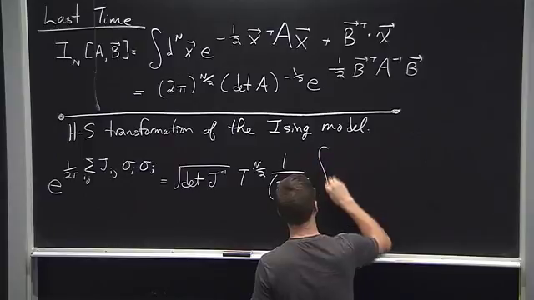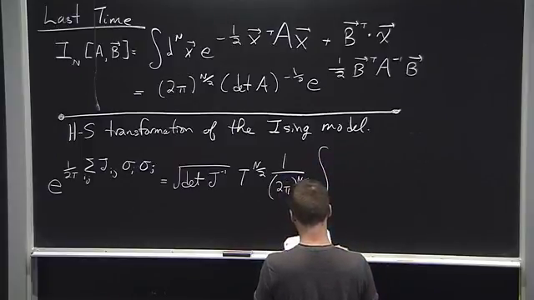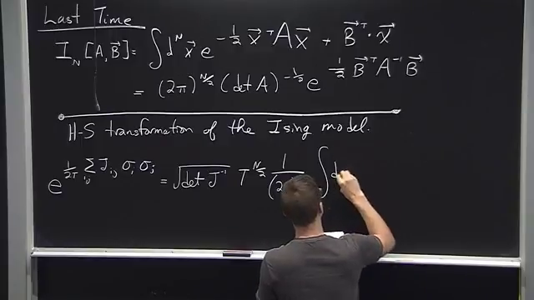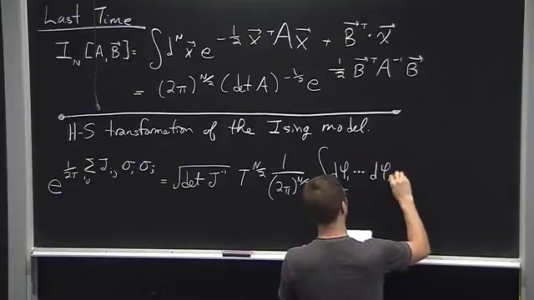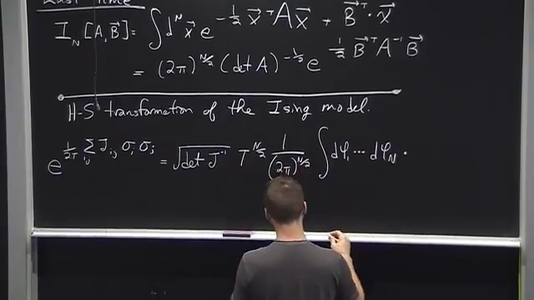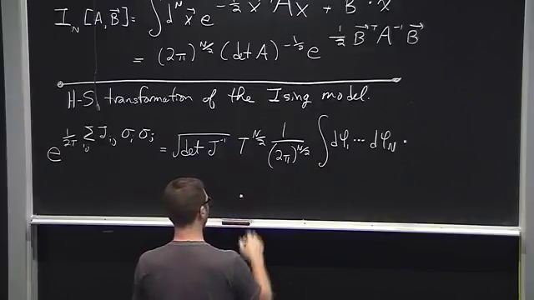Now I have an integral of n of these fields. And what's inside the integrand?